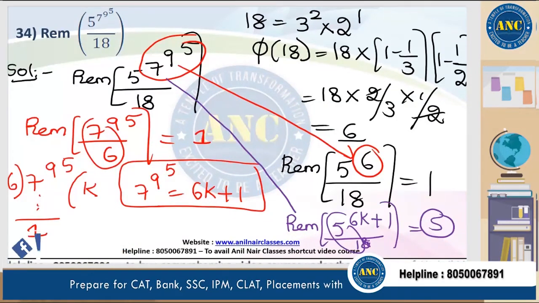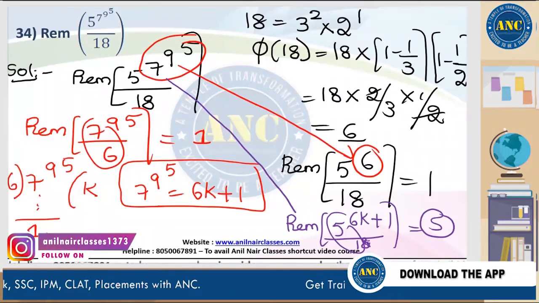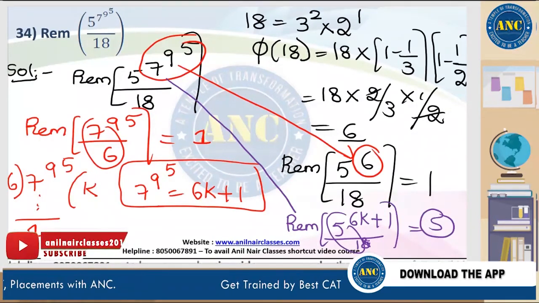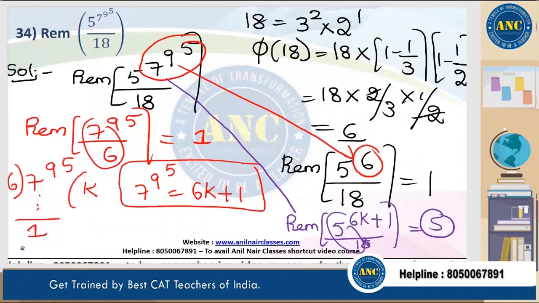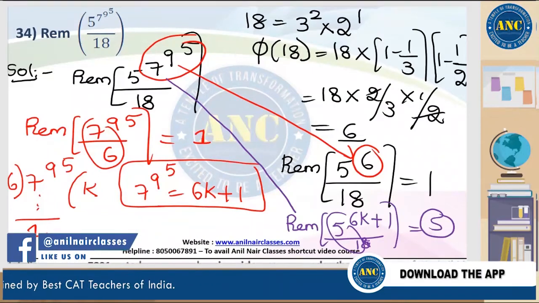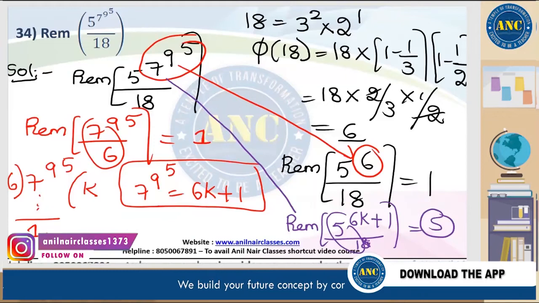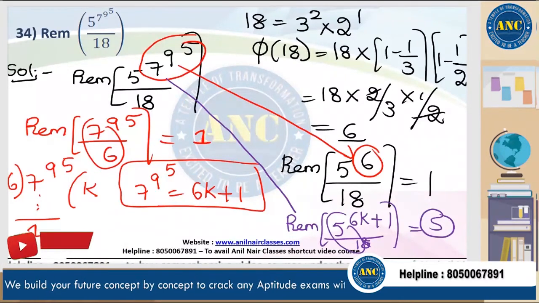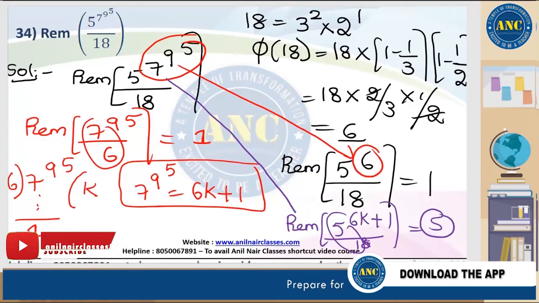In our morning session from 9:30 to 11:30, all the problems we solved were from negative remainders. But not in all cases will we get plus 1 or minus 1 so fast by using negative remainders. That is the reason we introduced Euler's theorem. Then we will see the drawback of Euler's theorem. Then we will go to Chinese remainder theorem. I hope it is clear. Next answer is 5. Idea clear, right?